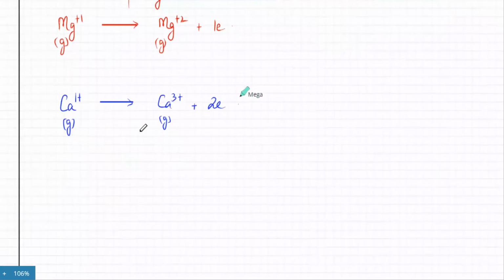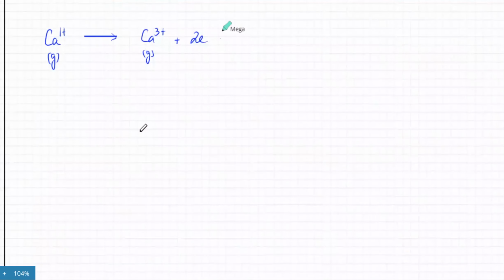Can anyone tell me how would you label this? Which ionization energy is this? Because you've gone all the way from 1+ to 3+.